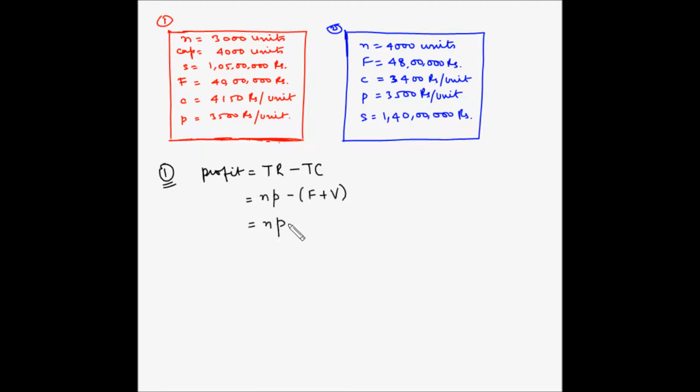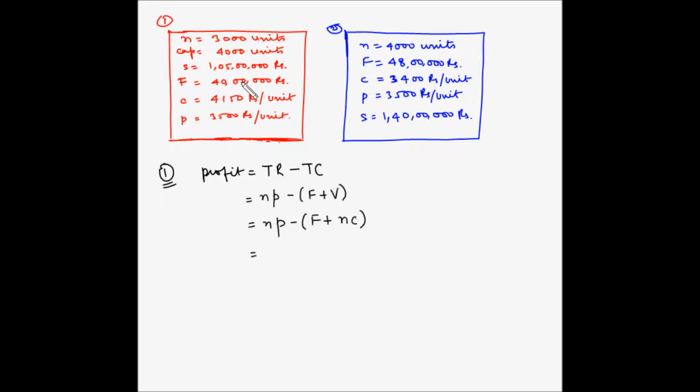So NP minus F, where F is the fixed cost, plus the total variable cost, which is the multiplication of the number of units being manufactured and the cost price per unit, which is C. Now let's fill in the values that we have for scenario number 1.